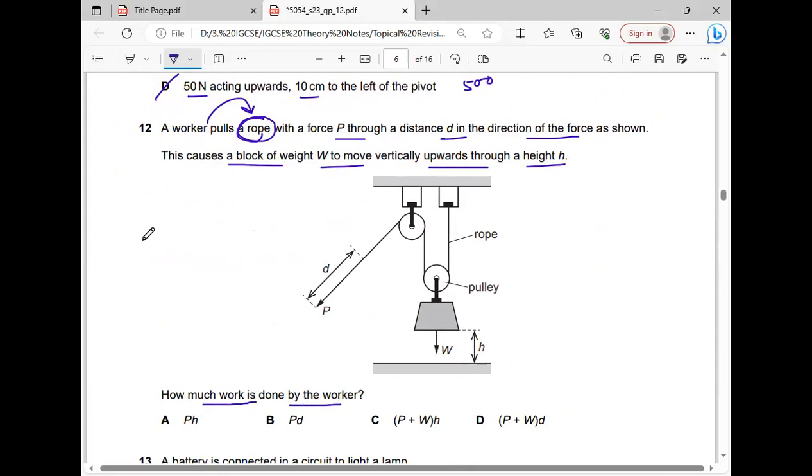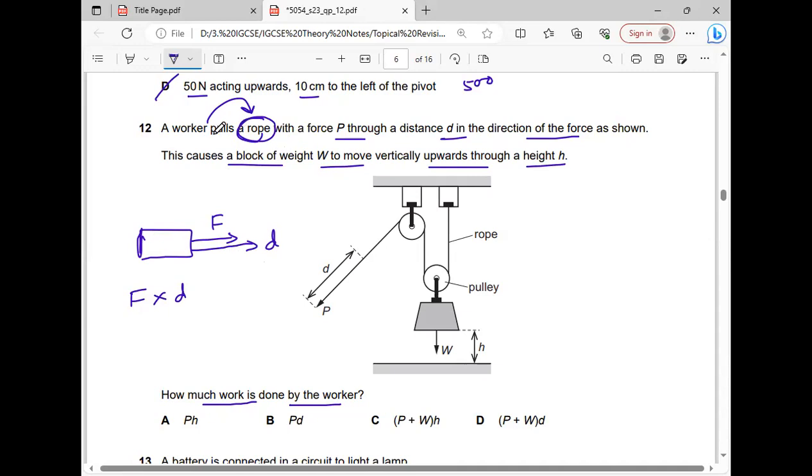According to the definition of work done, it is the product of force and distance covered in the direction of force. It means both should act in the same direction. In other words, if force is applied on the right side, distance should be covered on the right side. If force is applied on the left side, distance should be covered on the left side.